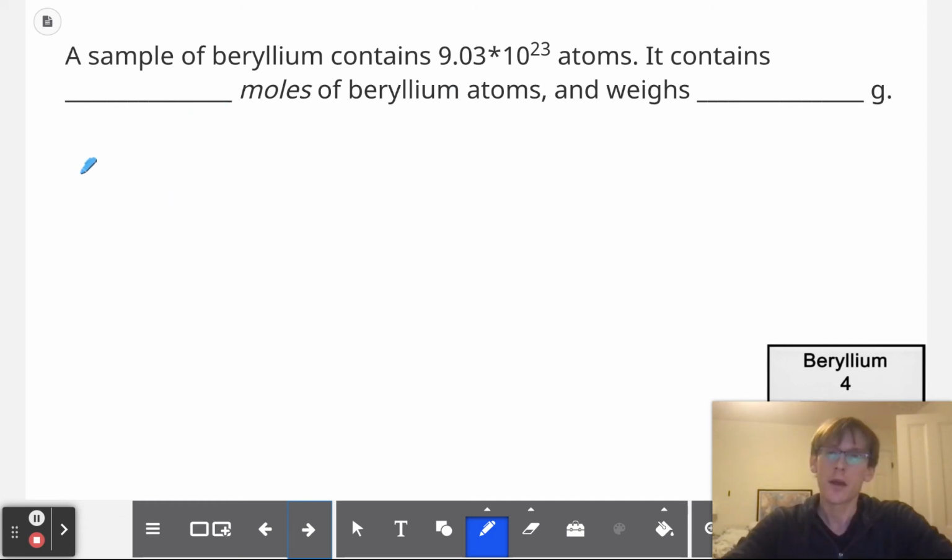Well, we need to start with our number that's given in the problem, 9.03 times 10 to the 23rd atoms. And we're going to multiply this by a conversion factor that has atoms in the bottom.